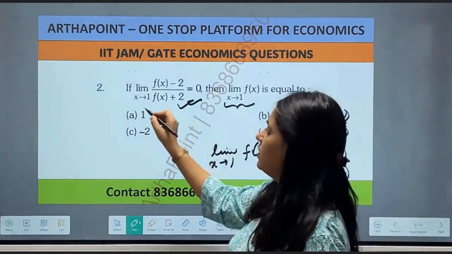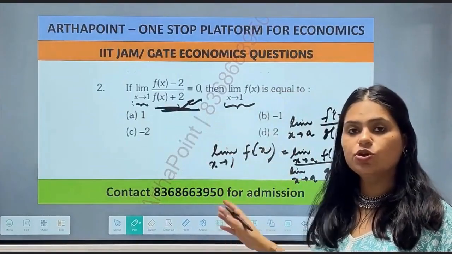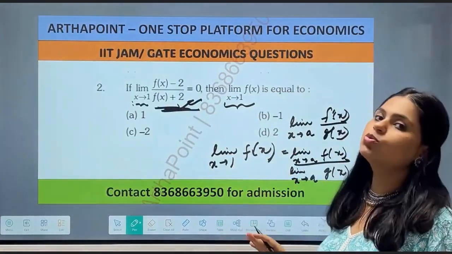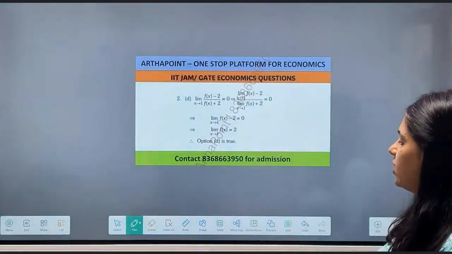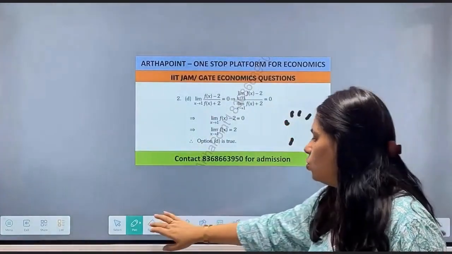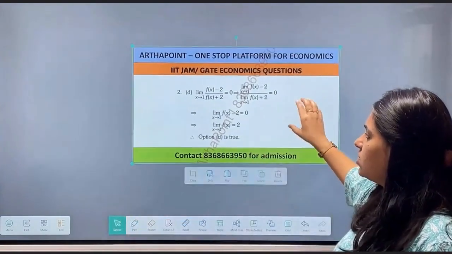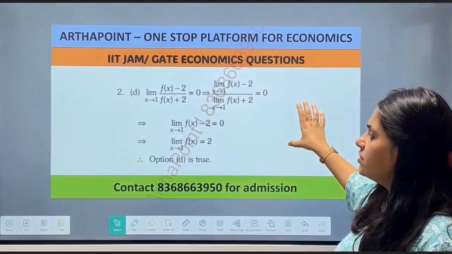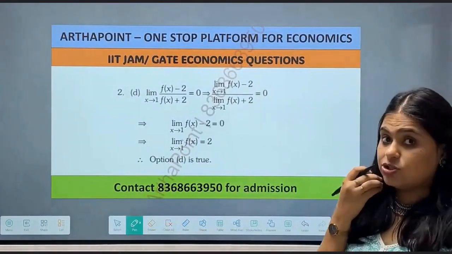So whenever you have limit for the fraction, you can take it separately to the numerator and separately to the denominator. So this is what we are going to do here. That is exactly what I am going to go ahead and do. So have a quick look at this solution that I have done. So here I was given that I want to tend the limit for the fraction, okay?